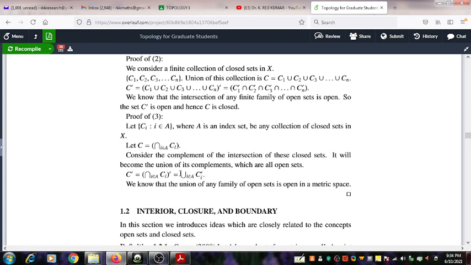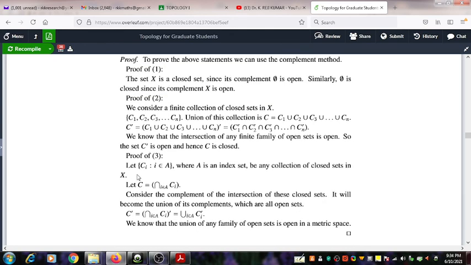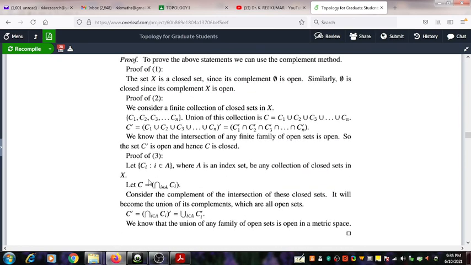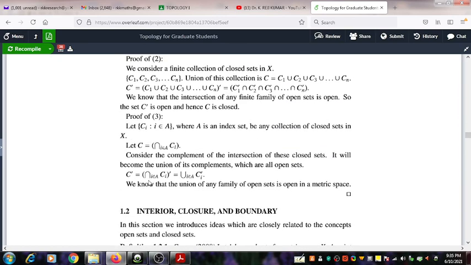So the right hand side set is open, so the left hand side set, C complement, is also open. Since C complement is open, C must be closed, and thus we get that C is closed. By this we conclude the proof of the third result.